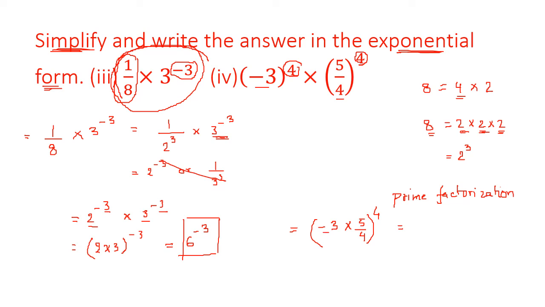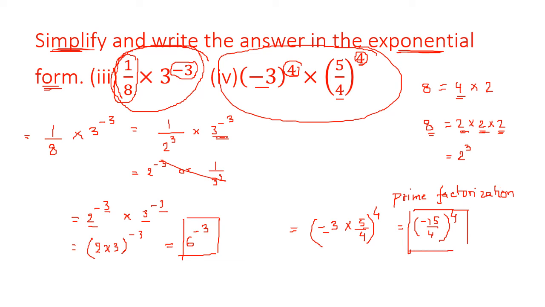So minus 3 into 5 is minus 15 upon 4 raised to 4. So these two numbers, the multiplication is put in a simplified form. So this is not put in the prime factorization form, but it is put in the exponential form. The two numbers are merged to make one number by applying the rules of exponents.